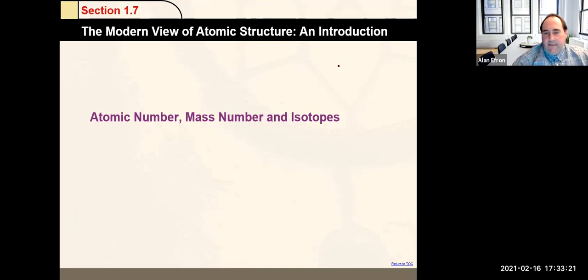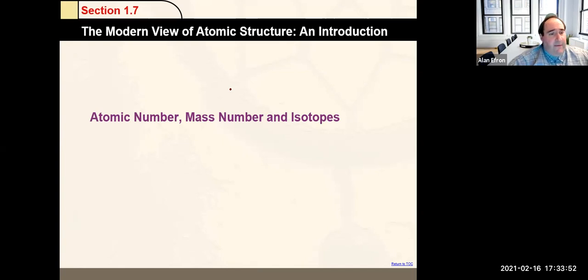Okay, so last time we started talking about chapter 1. We talked about the structure of the atom, and some important experiments that led to our understanding of it. The atom is made up of protons, which are positively charged and found in the nucleus, along with neutrons, which have no charge and are also found in the nucleus.